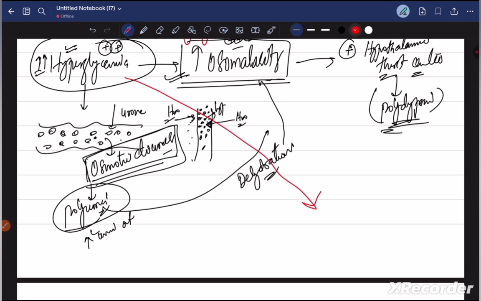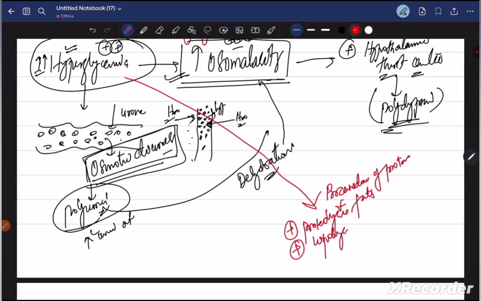So the body has to derive energy from other sources, and it will shift towards breakdown of proteins and fats, meaning there will be increased proteolysis and increased lipolysis, meaning the body will go into the catabolic state.